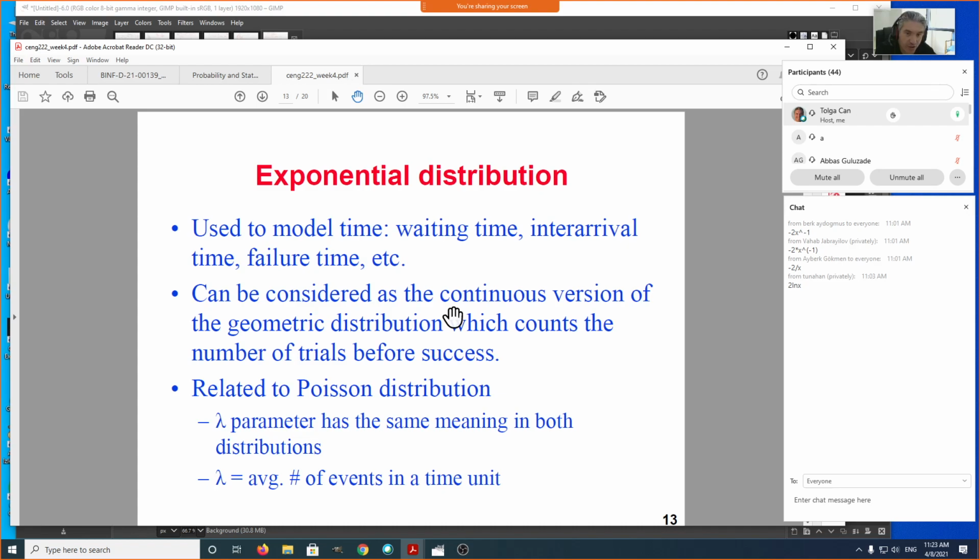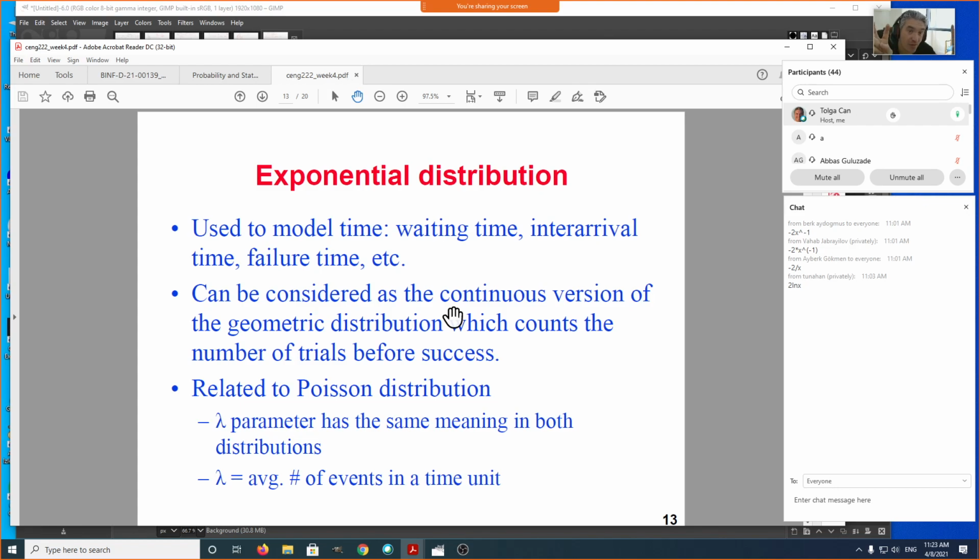In exponential distribution, you're given the same parameter. For example, we observe 5 accidents in a day in Ankara. That's our lambda. And when we are asked about the waiting time until the next accident, that's the exponential random variable. When we talk about the number of accidents that happen tomorrow, that's a Poisson random variable.